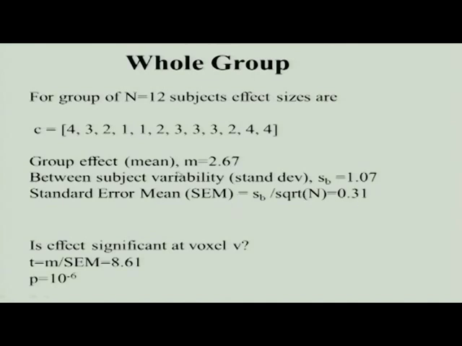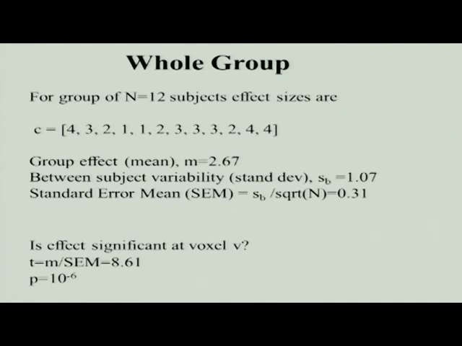So our estimate of the mean effect is 2.67, our certainty with which we can measure that is 0.31, and the t-statistic is just the ratio of the two. Here we have a t-statistic of 8.6, which is highly significant.